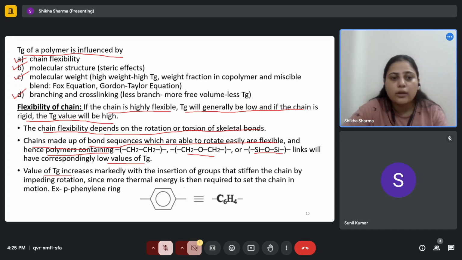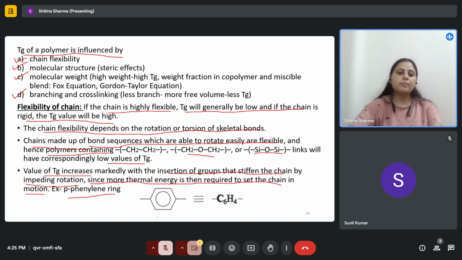While the value of the Tg increases when there is an insertion of a stiff group in the chain because of the impeding rotation. Because the rotation is restricted, the Tg will be more, since more thermal energy is required to set the chain in motion. Example, the paraphenylene ring.